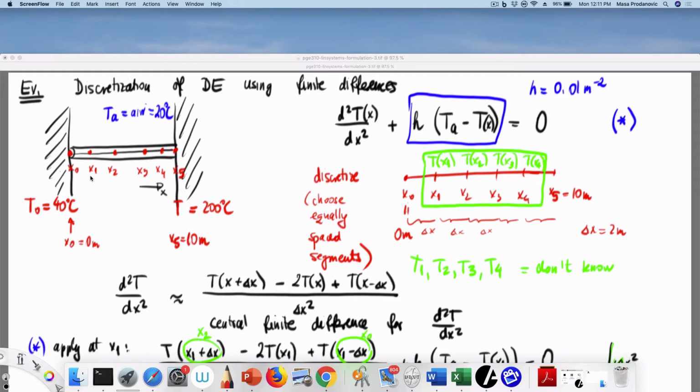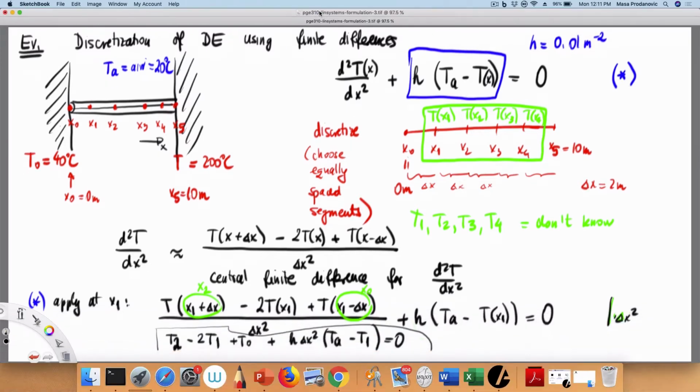So I'm going to approximate d squared T dx squared as, so let's look at this point 1, it's going to be T of x2, which is my x plus delta x, minus 2T of x plus T of x minus delta x, which is T of x0 in this case, divided by delta x squared. Okay? So I'm going to simply go and replace that in this equation.